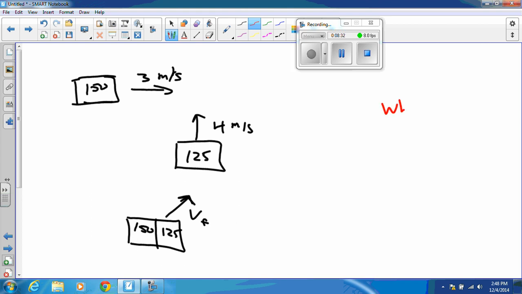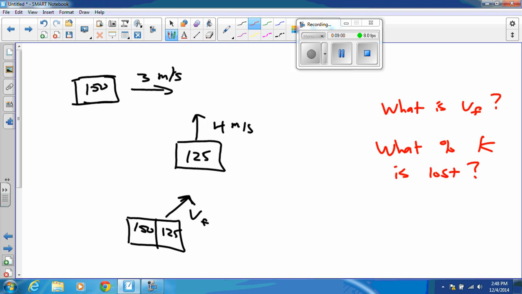First question is, what is that final common velocity? That's going to turn out to be an easy question. The second question is, what percentage of the kinetic energy is lost in the collision? And that's going to turn out to be a slightly more complicated question, but not too bad.